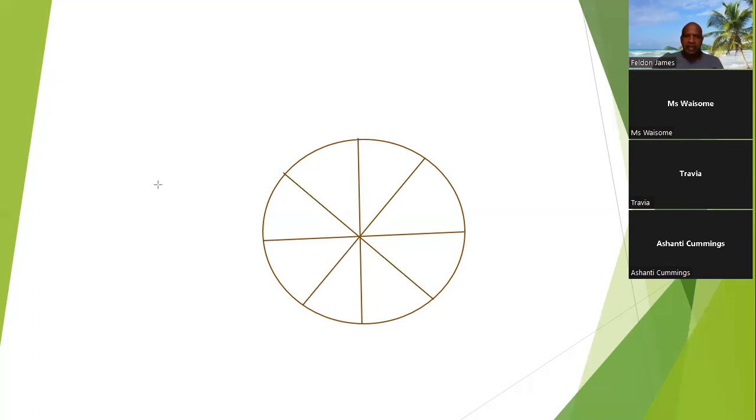And so the entire pizza would be the total number of slices that make up the circle. But if we take a part of a whole, meaning that if we take out a slice, or say 2 slices out of the whole, then what we will get is a fraction.